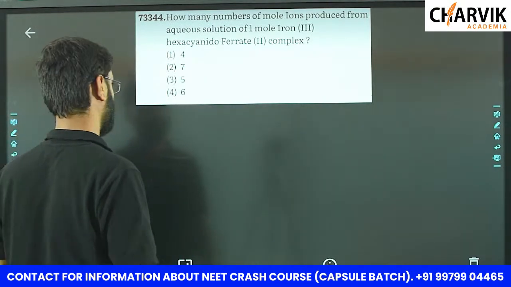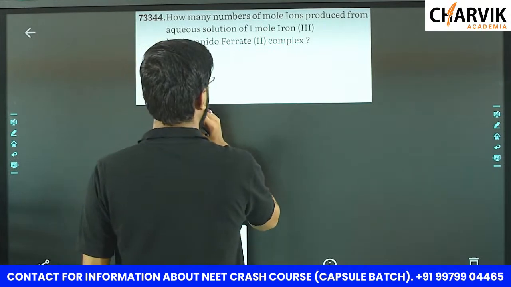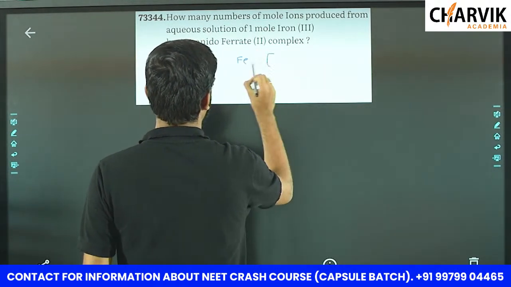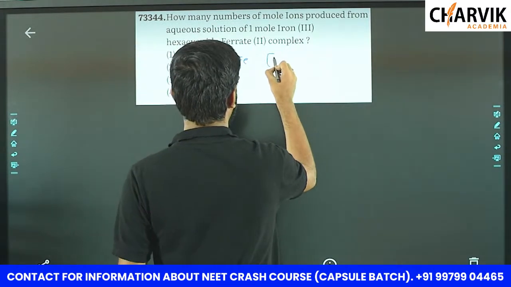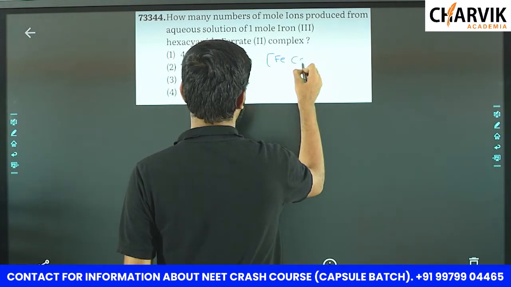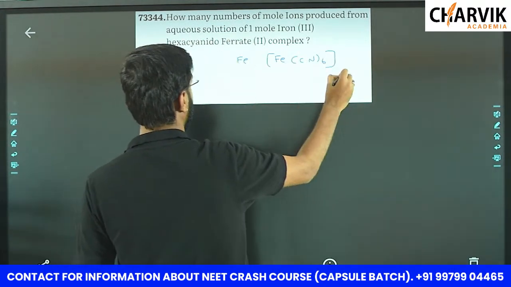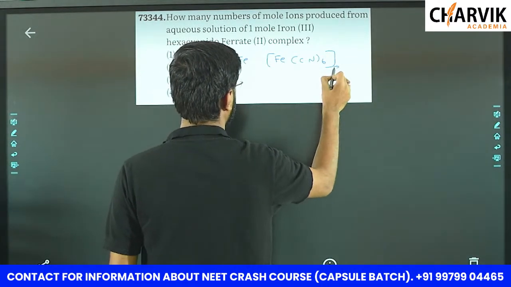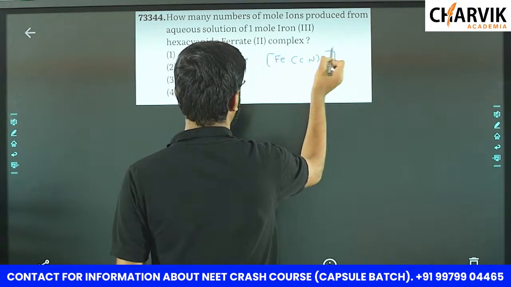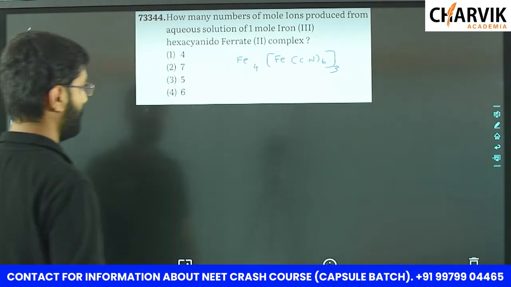Okay. 1 mole of iron 3, Fe hexacyanide, again Fe CN 6 times, and the oxidation state of this ion is +3. So this is +3 and 4. Okay. This is your complex.